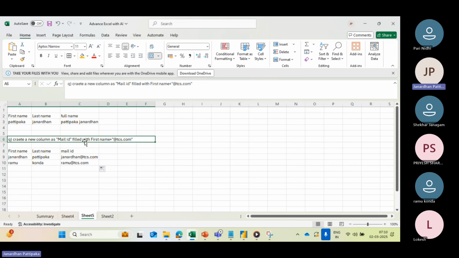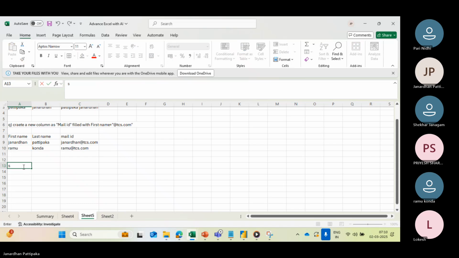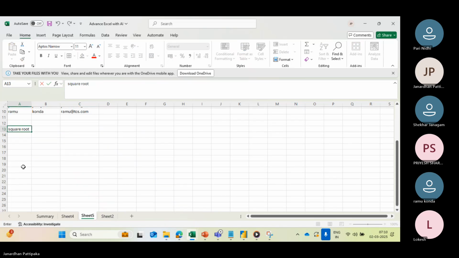And one more thing, there is another function we call square root. So how to add the square root? Suppose I have some value and I want to find the square root of it.